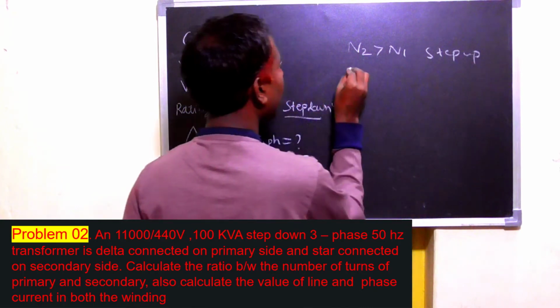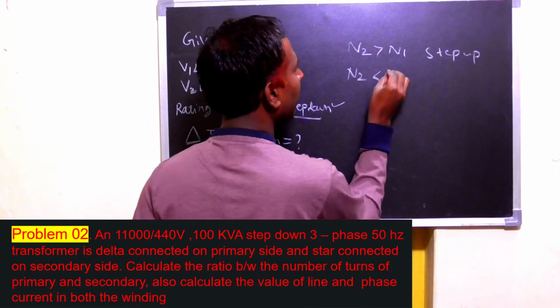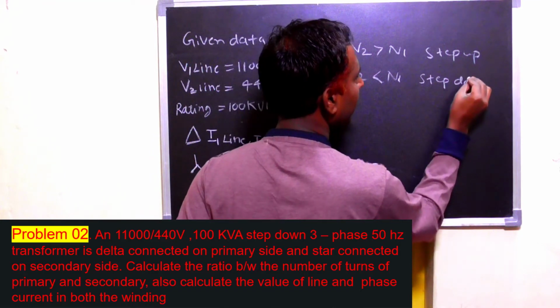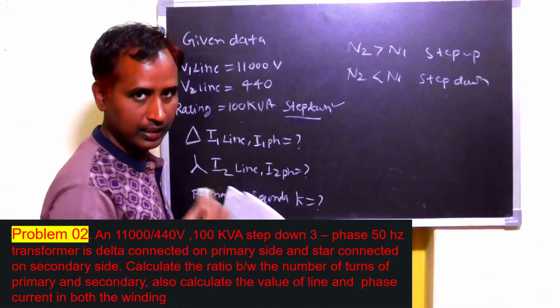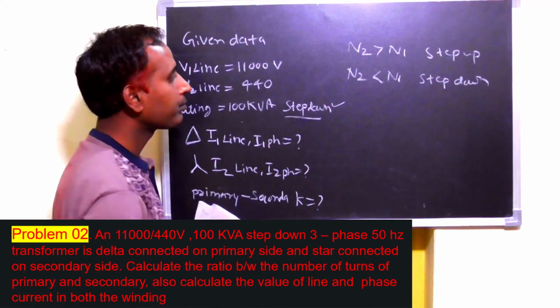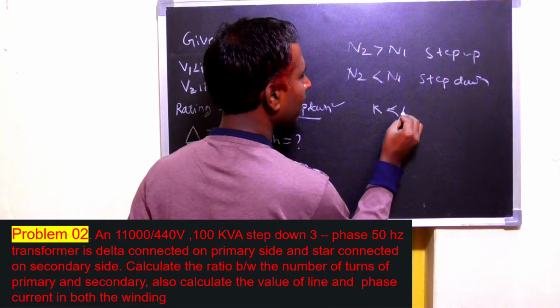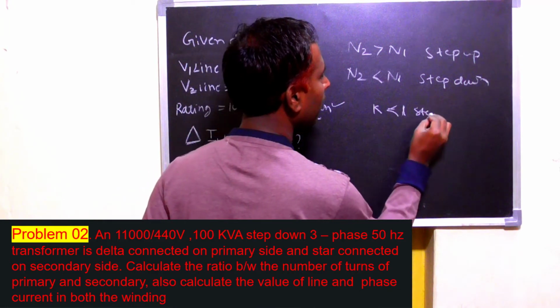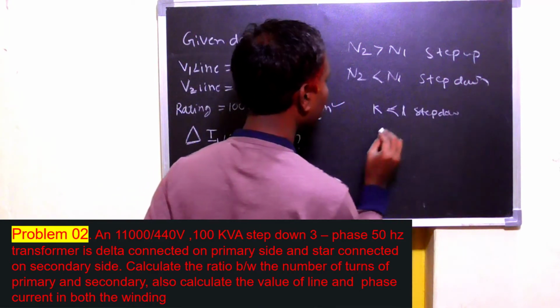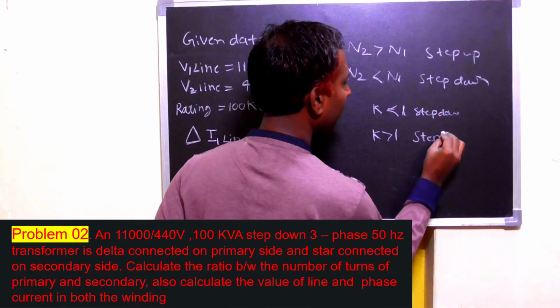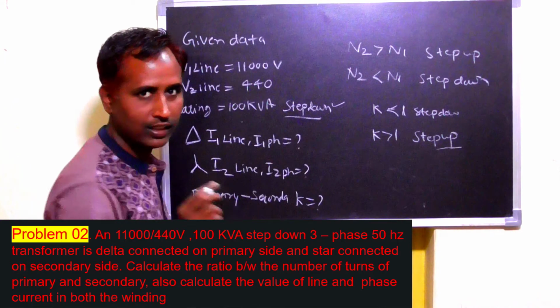If N2 is less than N1, it is a step down. This is our previous theory. So if K is less than 1, it is a step down. If K is greater than 1, it is a step up. Okay, this is our theory.